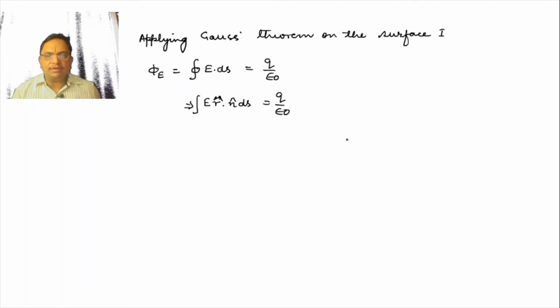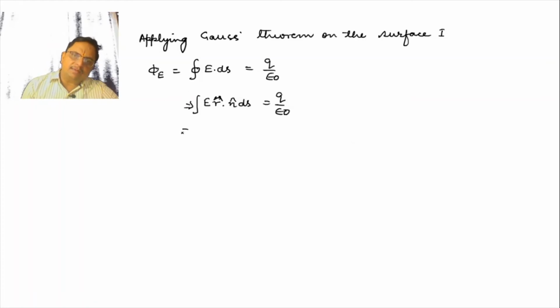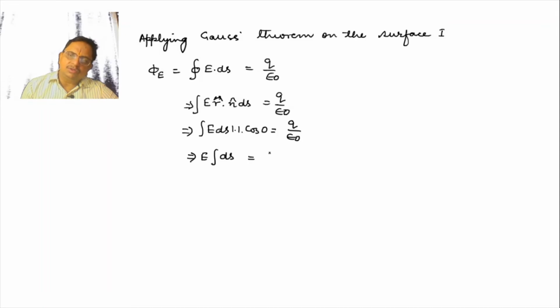Now you will see in the figure, electric field intensity and area vector both are in the same direction. So we have E ds into 1 into 1 cos 0 is equal to q over epsilon 0. And in this way we have E integral ds is equal to q over epsilon 0.